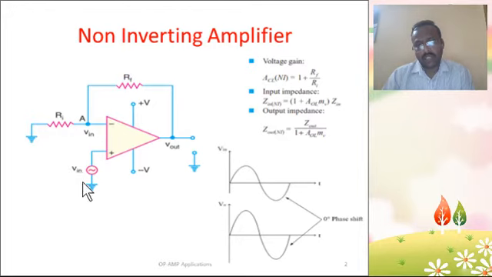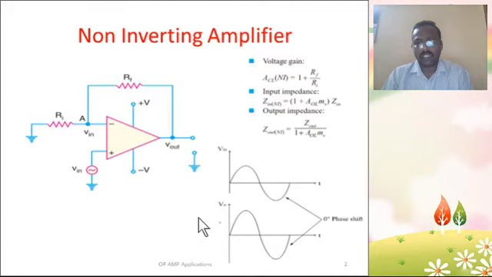This is the input voltage which is applied to the non-inverting input terminal. Inverting input terminal is grounded through input resistance Ri. RF is a feedback resistor. This resistor provides feedback network from output to input circuit. Plus V and minus V are the biasing voltage.